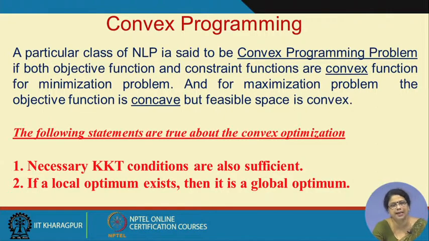We have to do the second order derivative of the Lagrange function to check the global optimality as a sufficient condition. That is why the KKT points we get through the KKT conditions are the global optimal solution for the convex optimization problem.